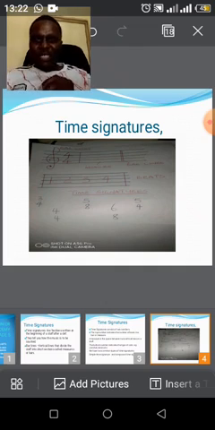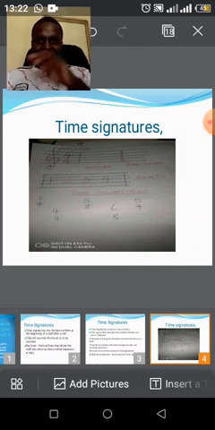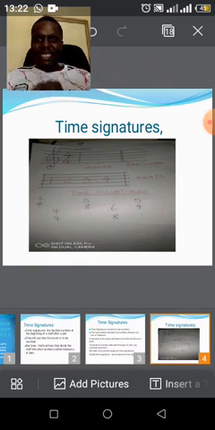Now, remember we said the top number represents the number of beats in a bar. And the bottom number, we said it indicates the type of note. For example, 3/4 means we have got 3 beats in a bar, or we have 3 crotchet beats in a bar.